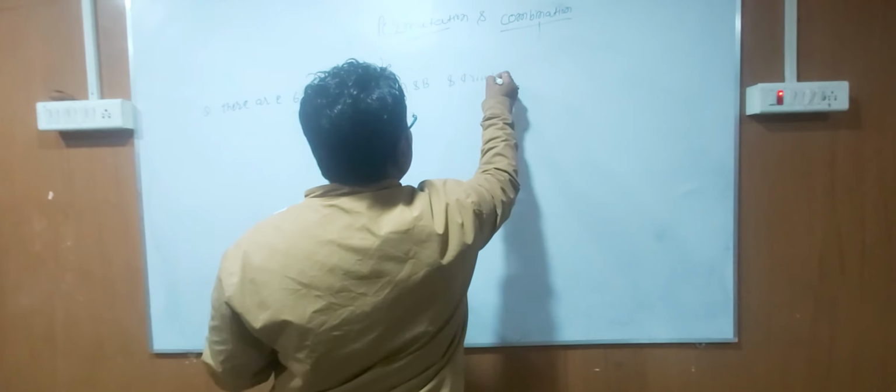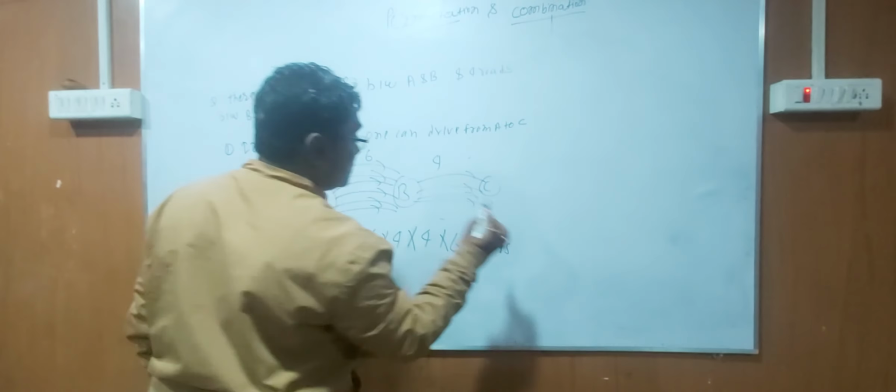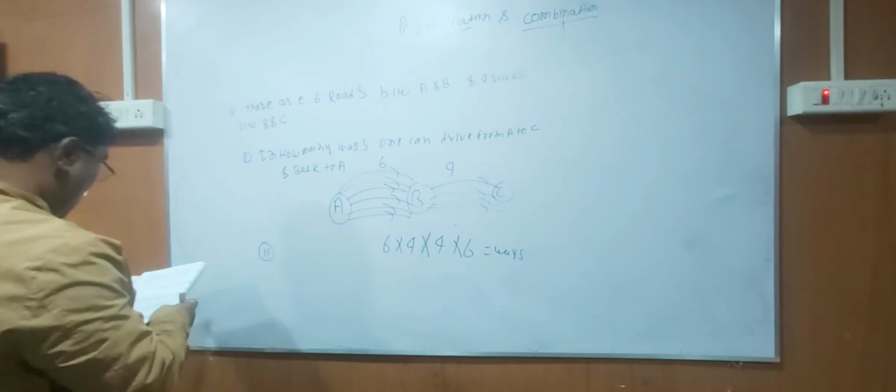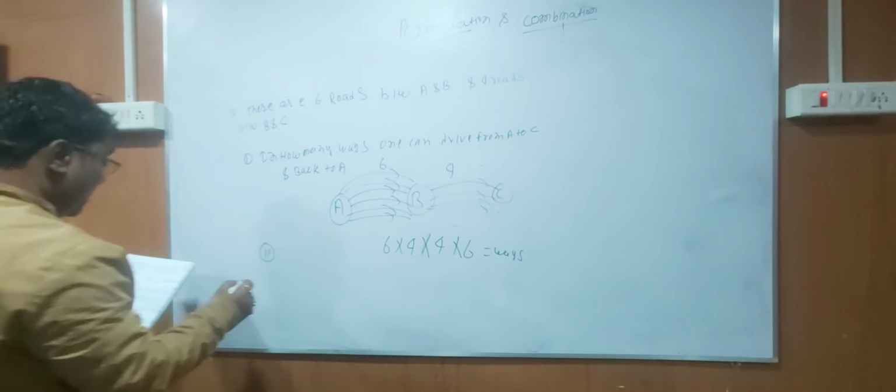Then multiply, and from C to B 4 ways, because you have to go from A to C and then return from C to A. Then A to B 6 ways, B to C 4 ways, C to B 4 ways, and B to A 6 ways. This is the total number of ways. Okay. Another question. We can take another question on this. In how many ways?